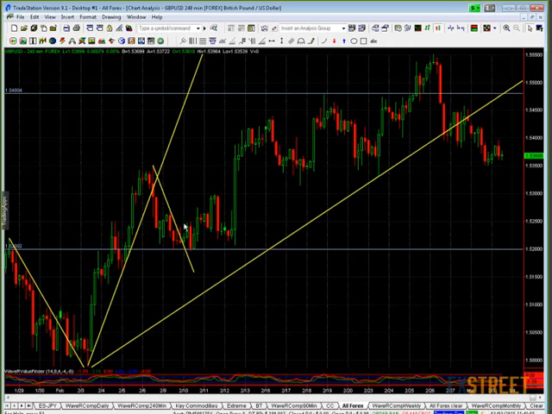So we've got the move up, we then get the correction. Now this correction comes back and it just pops through here by the odd pip or two, and then it moves on up. And look at that, we've got a nice little hammer candle, and so we could take the long right there.